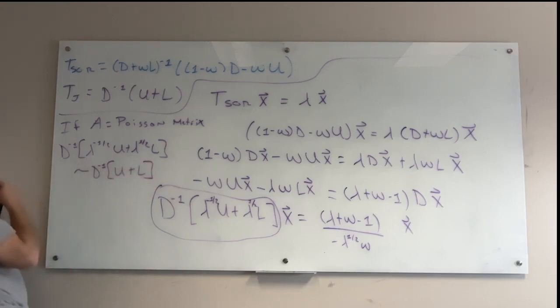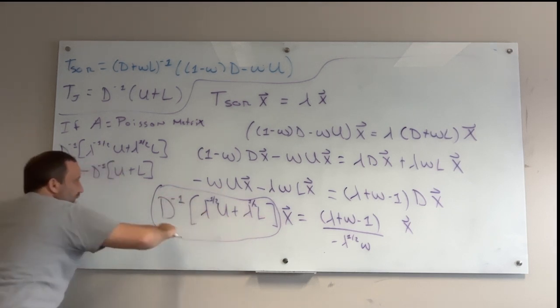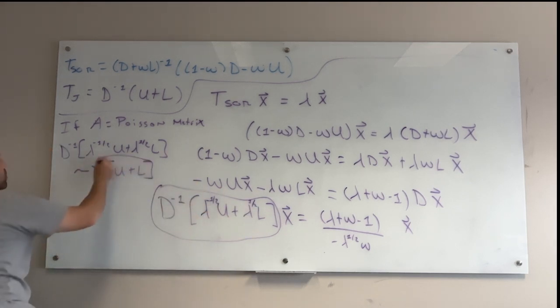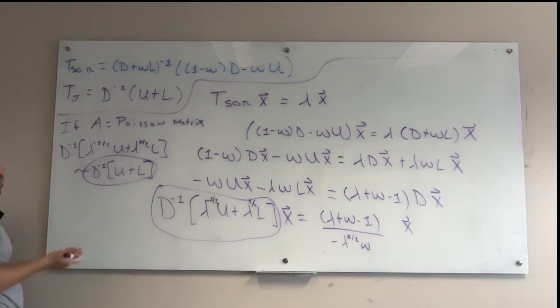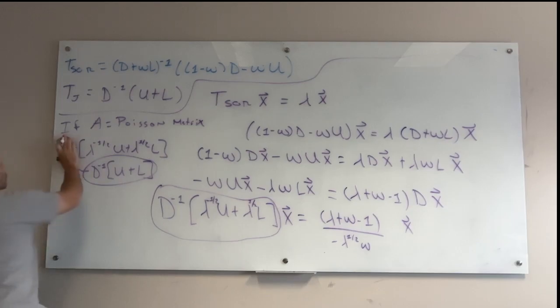Okay, so in the case of the Poisson matrix, this right here is similar to this, which is just the iteration matrix for the Jacobi iteration. Okay, so that's the case of the Poisson matrix.